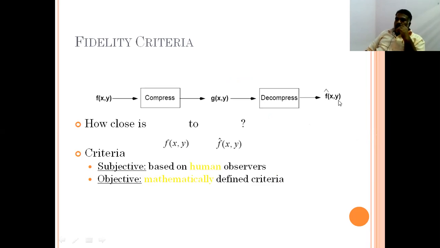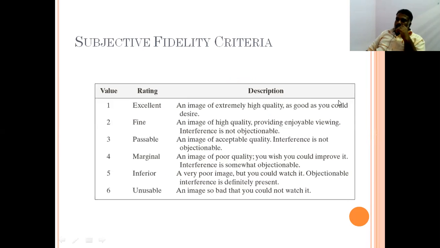Subjective and objective, you can look at here. They are based on human observers or mathematically defined criteria. The criteria has to be specified here: the value, rating and the description. Excellent means an image of extremely high quality, as good as your desired, expected one.